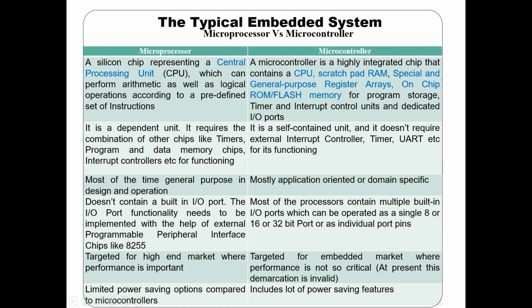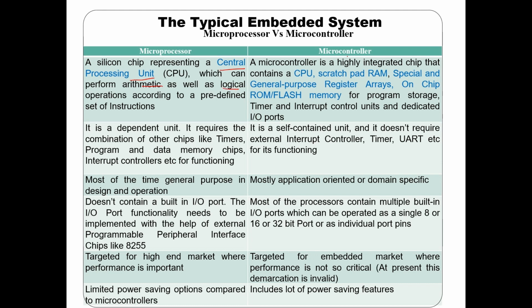Now let us see the main difference between the microprocessor based embedded system and the microcontroller based embedded system. What is the main difference you will come across? Let us consolidate. The microprocessor has only the CPU, which can perform arithmetic as well as logical operations.